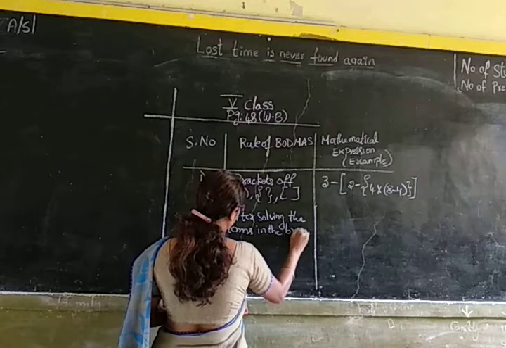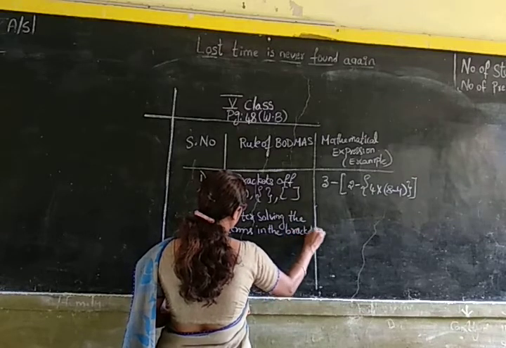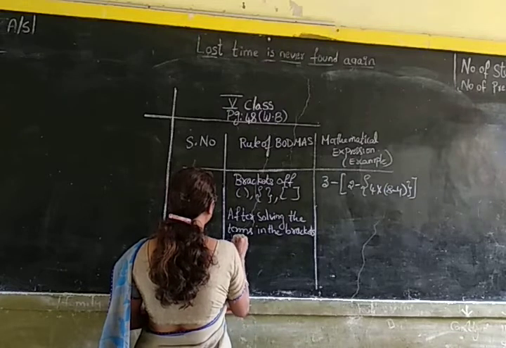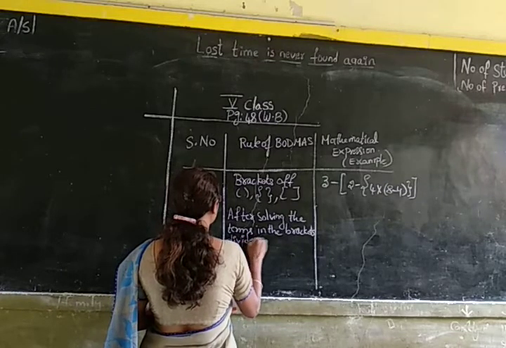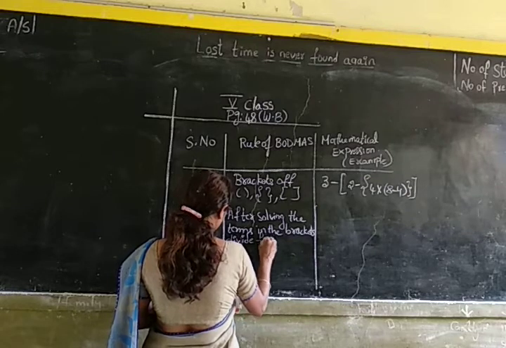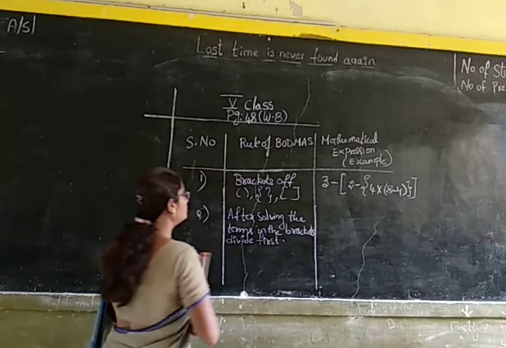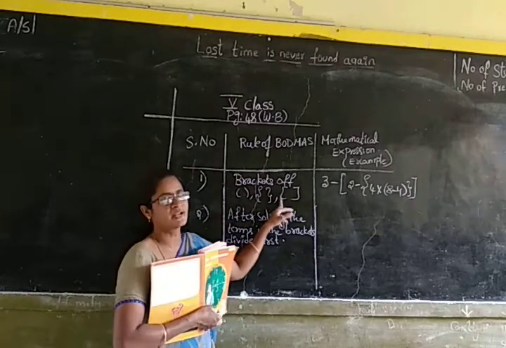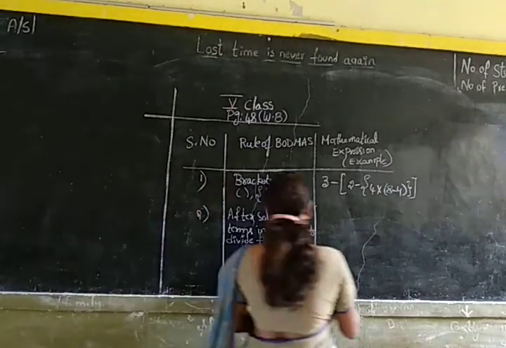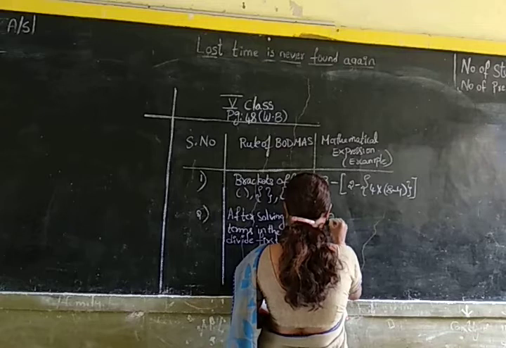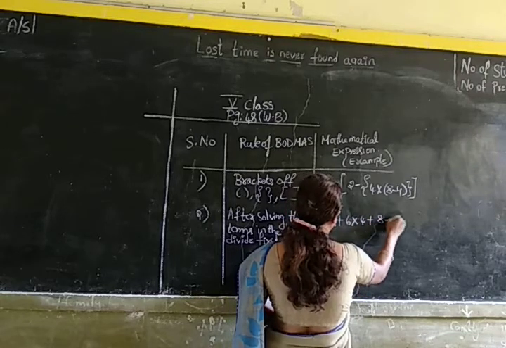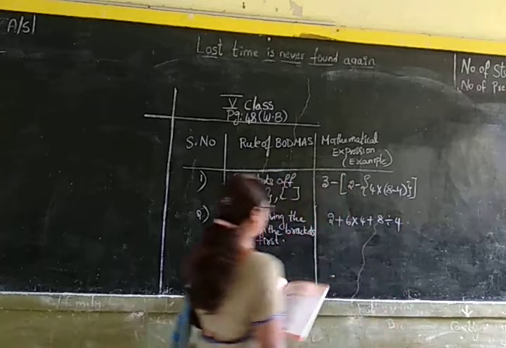After solving the terms in the brackets, divide first. So after solving the expression terms in the bracket, we have to divide. First you have to remove the brackets, then you have to divide. For example, 2 plus 6 into 4 plus 8 divided by 4.